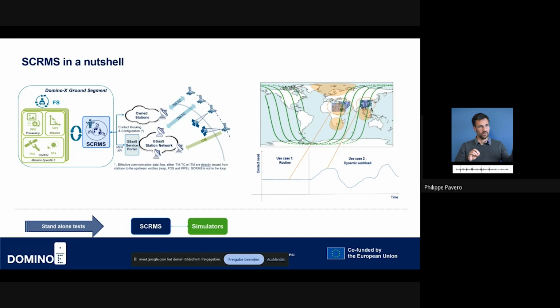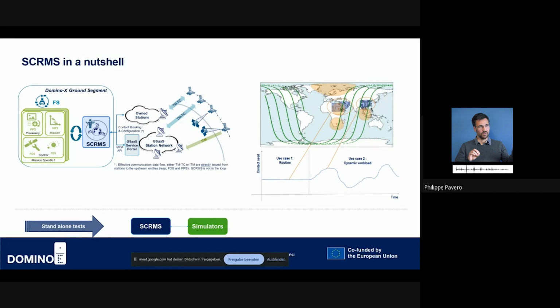So the goal for the SCRMS is to produce a communication plan which minimizes the cost, and also minimizes the conflicts between communication slots. This relies on algorithms that were developed by ONERA and also on our Domino shell that was developed by ITTI.